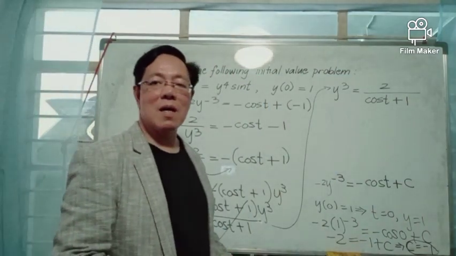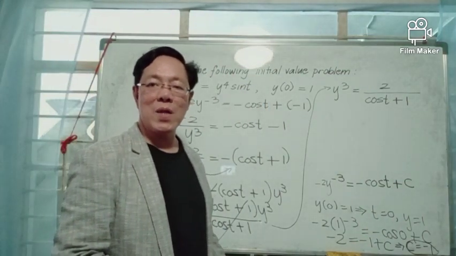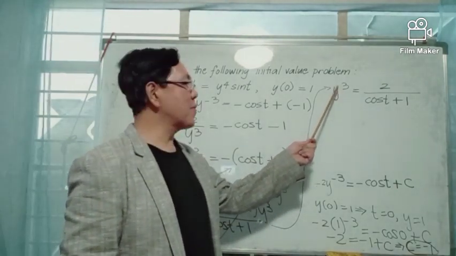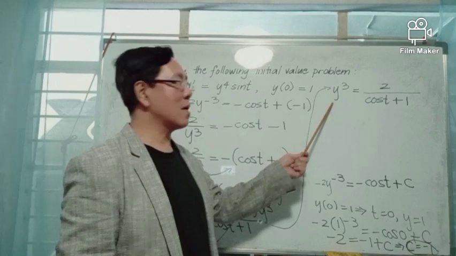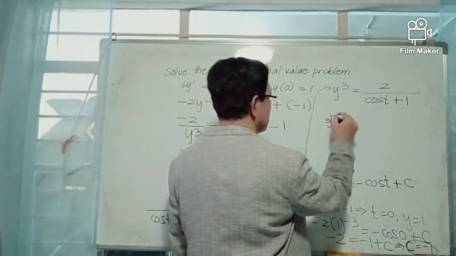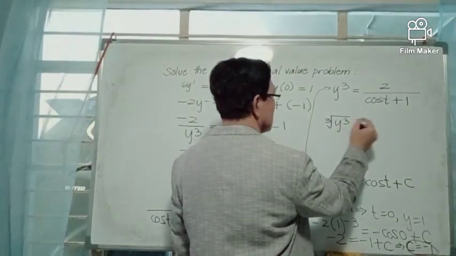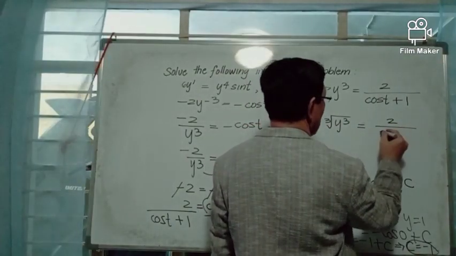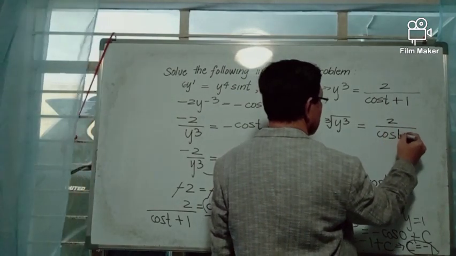And we raise both sides to 1 over 3 to remove the exponent 3 from the left-hand side, or we take the cube root of both sides. We take the cube root of 2 over cosine t plus 1.